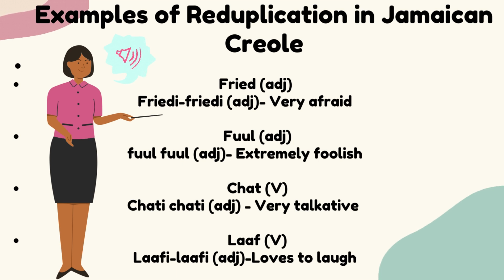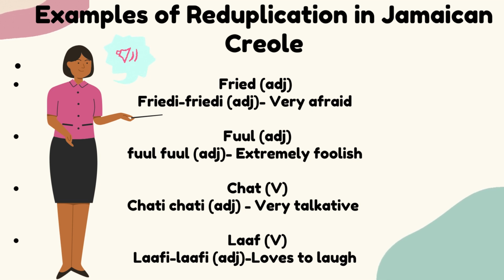So, examples of reduplication in Jamaican Creole. The first one is freed. Not fried, freed. Here we have freed being an adjective.